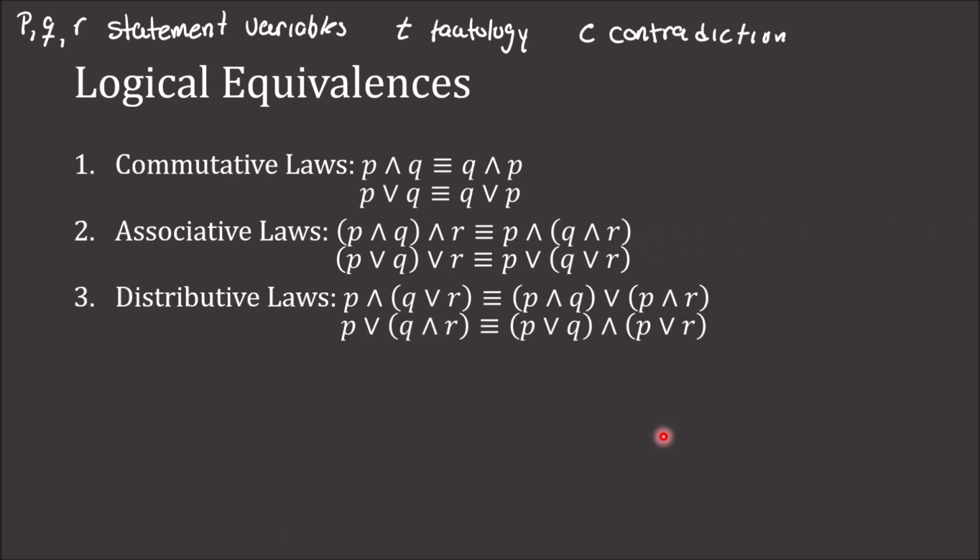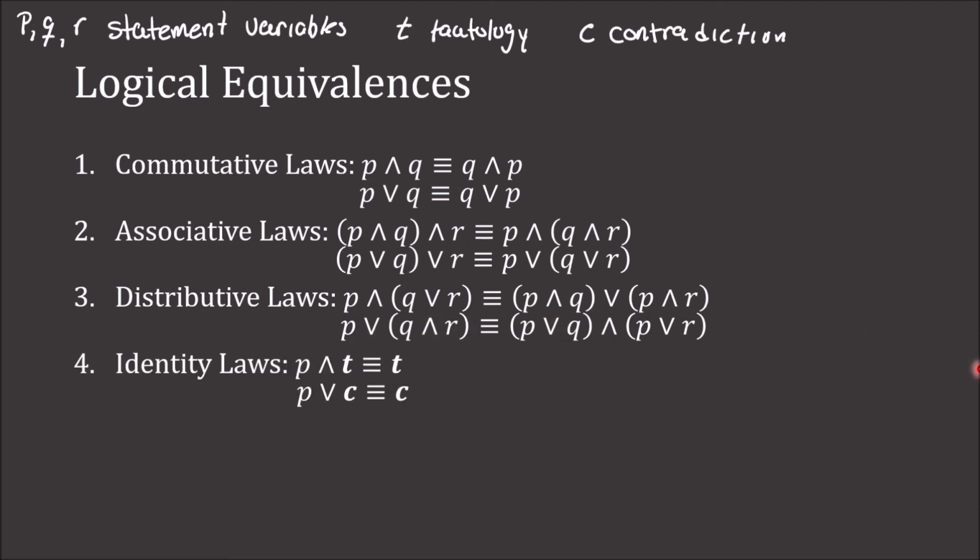Distributive laws: P and (Q or R) is (P and Q) or (P and R). Likewise, P or (Q and R) is logically equivalent to (P or Q) and (P or R). So conjunction distributes across disjunction, and disjunction distributes across conjunction.